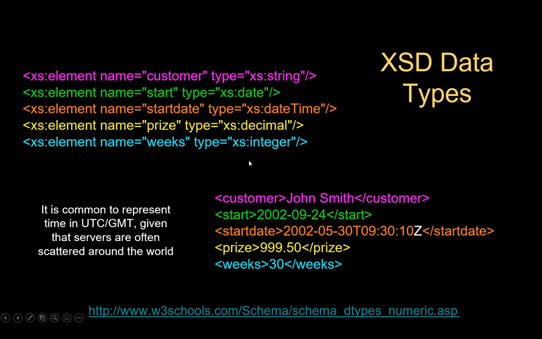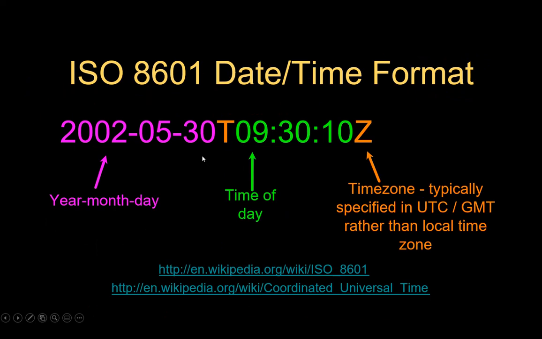So those are the different XSD data types that we have. Again, talking about the ISO 8601, which is a date time format, the format of the date is going to be year, month, day. Time of the day is going to be like this. And the time zone is typically UTC/GMT rather than local time wherever we are located.